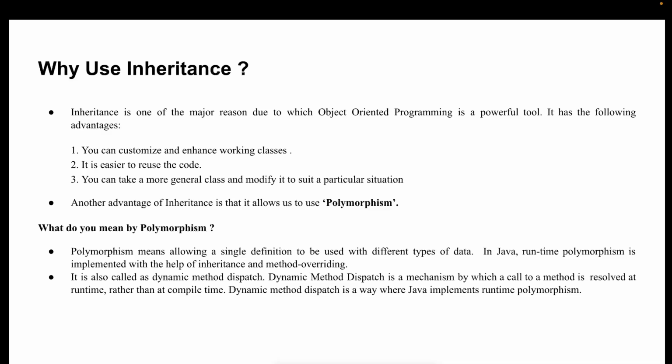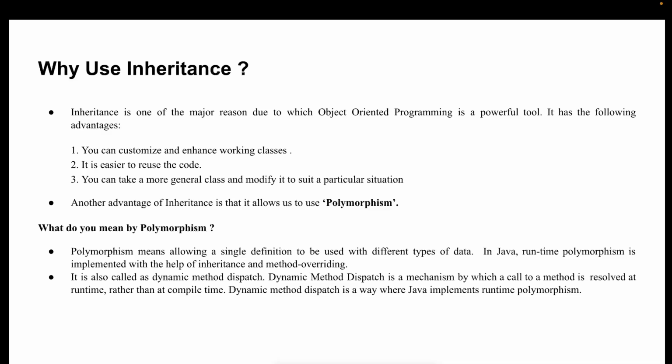So code reusability is there. You can take a more general class and modify it to suit a particular situation. You can do method overriding, or you can use the existing methods in the parent class as well. It depends upon the requirement. So this is it.